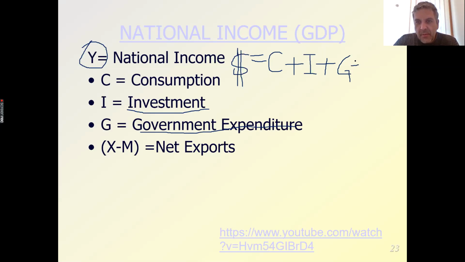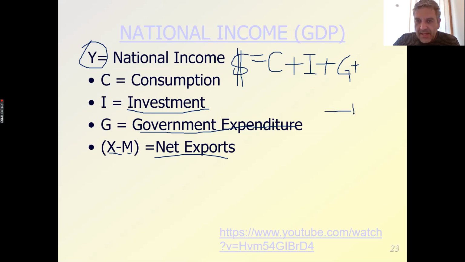Now we're going to add a couple more, which is export revenue minus import expenditure. So we're saying that the national income could also be spent on foreign goods. The foreign goods that we are spending on, because we're paying the rest of the world, will have a negative value.